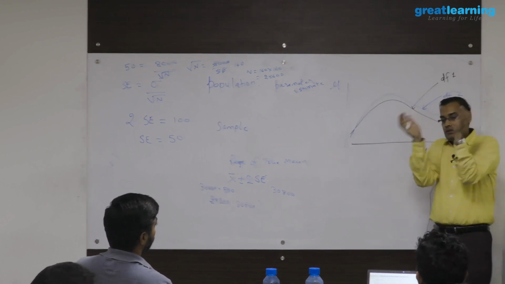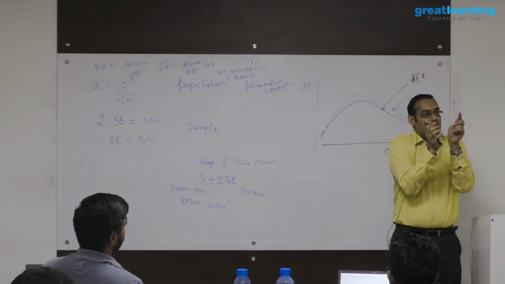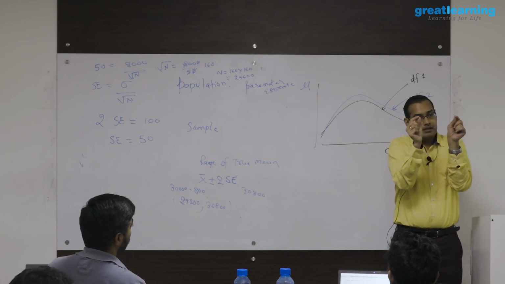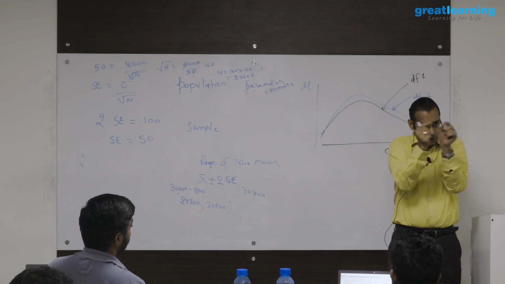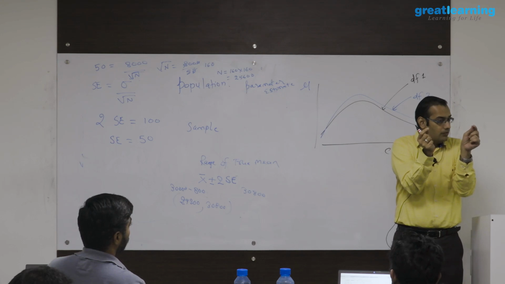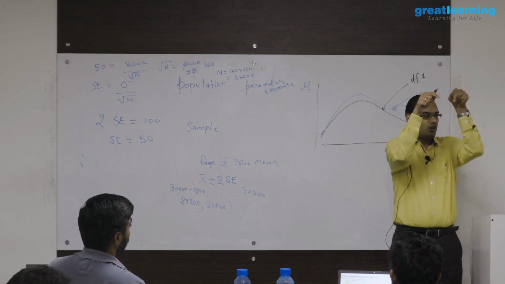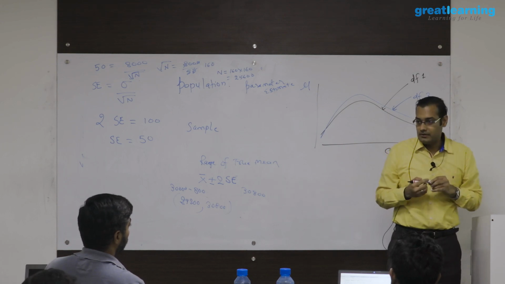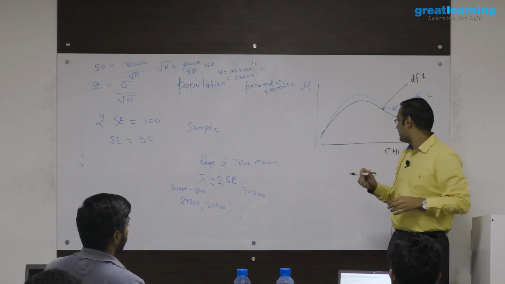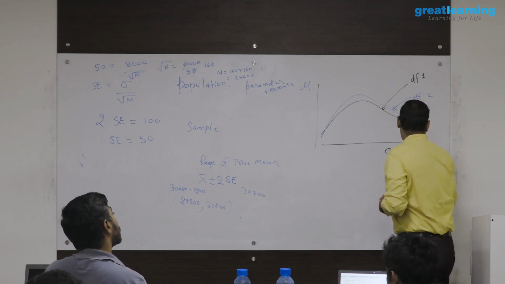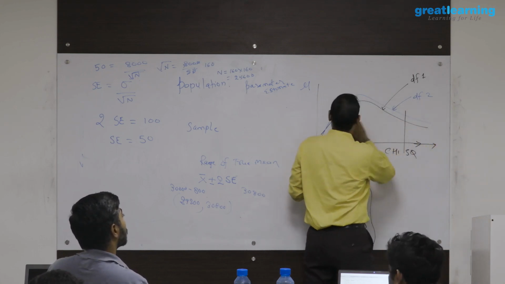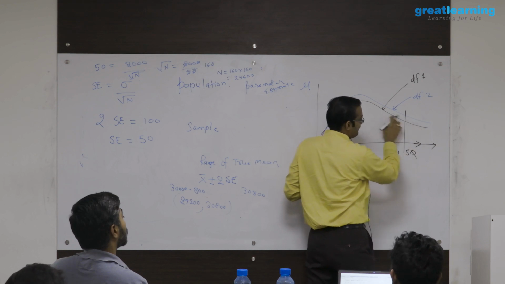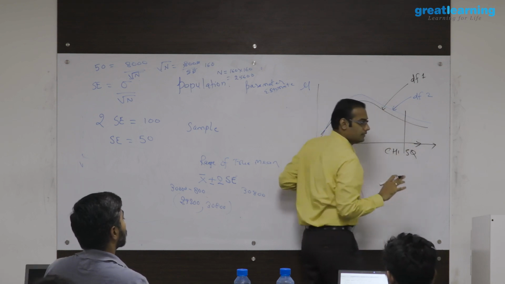Now logically think, if observed frequency and expected frequency are not matching, will the chi-square value be higher or lower? It will be higher. Now as my chi-square value goes higher, let's assume we bother about the black graph because that is for degree of freedom 1.